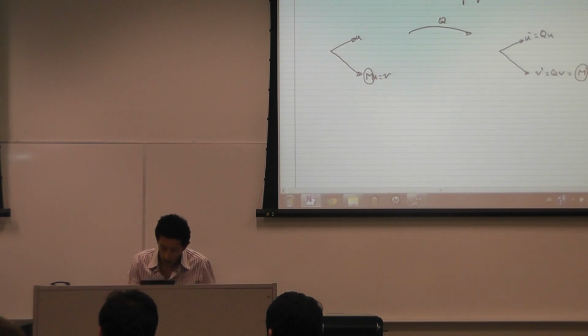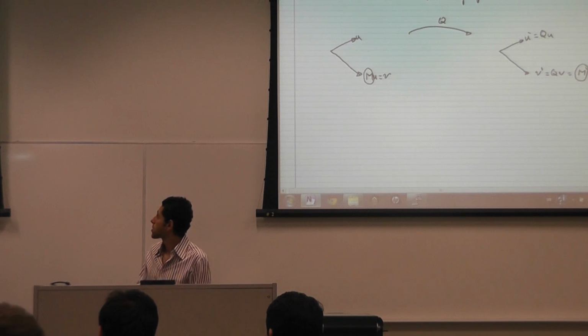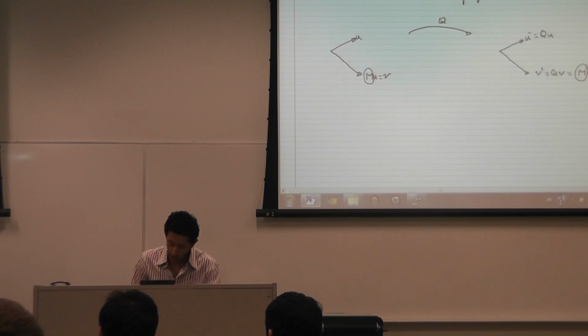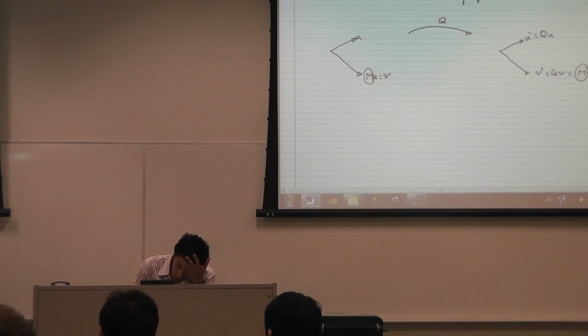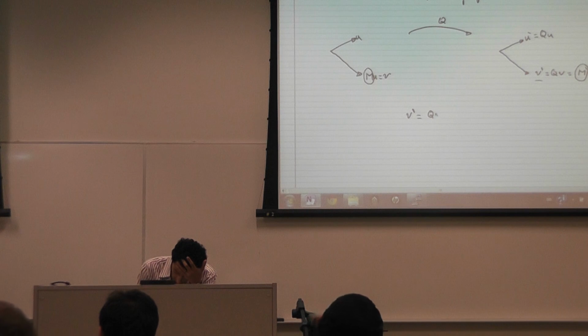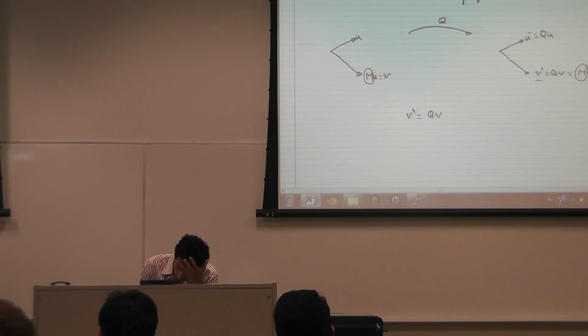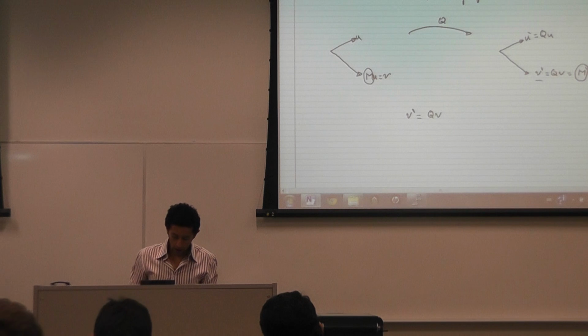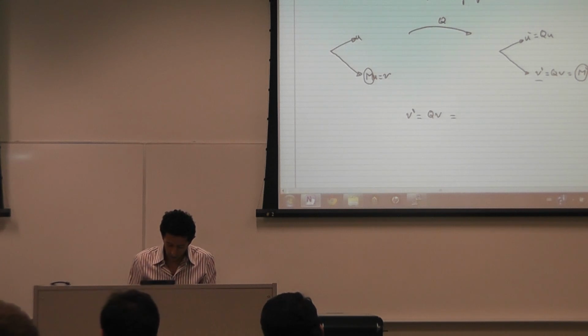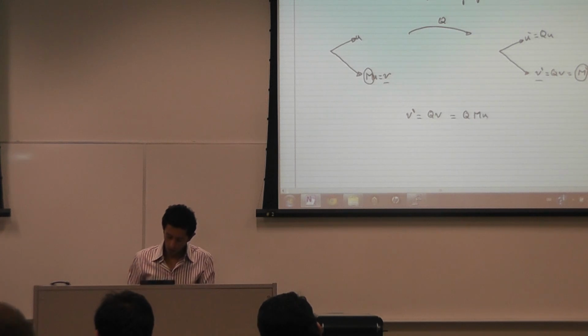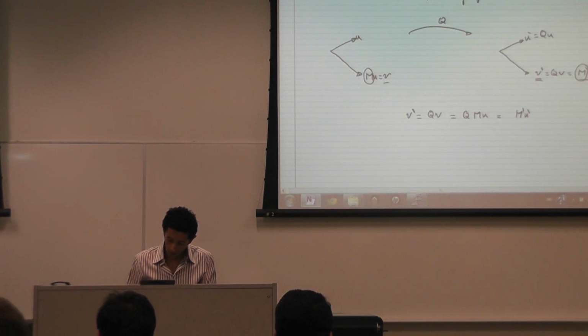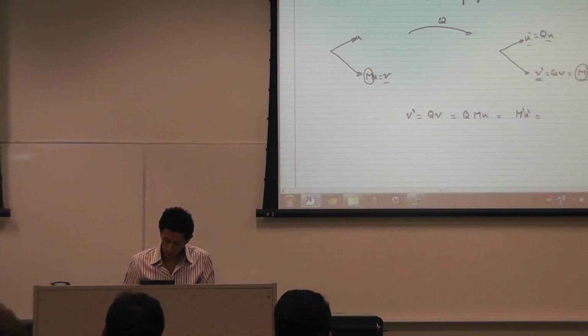I know that u prime relates to u using Q. How does M prime relate to M? I'm going to just use the relationship between v and Qv. I know that v prime is equal to Qv, and v is equal to Mu. Also, v prime is equal to M prime u prime, and u prime is equal to Qu.